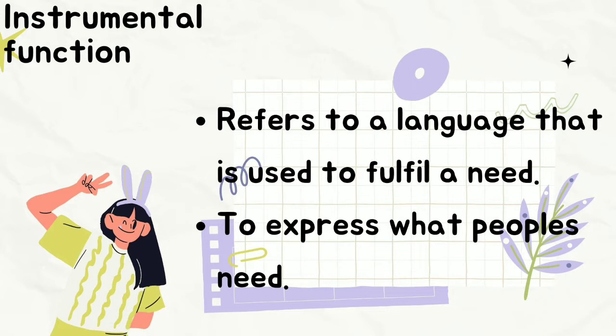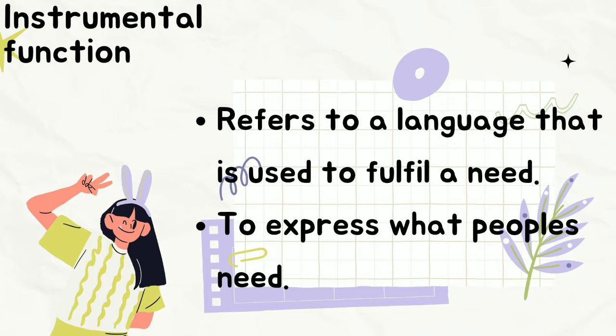Instrumental function is used to express what people's needs are. It can be used in the classroom by having students clarify instructions. The instrumental function of language is used to achieve a certain result.